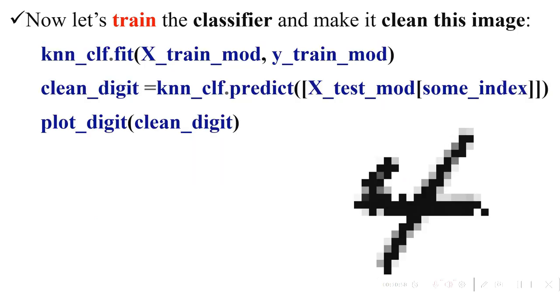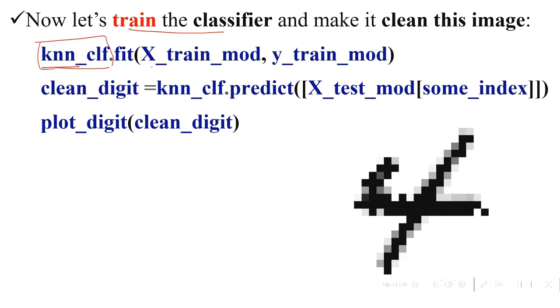And now we are going to see the trained classifier. That means, on the noisy data, we are going to train a classifier to remove the noise. Here we are going to use the model called the KNN classifier.